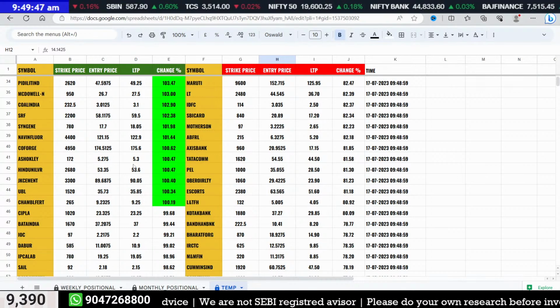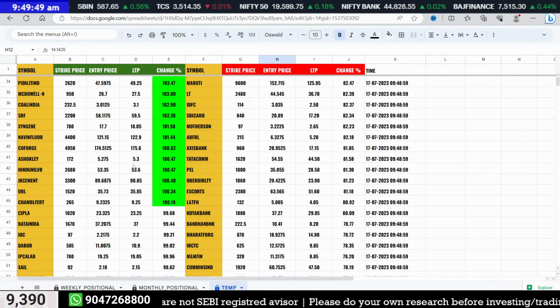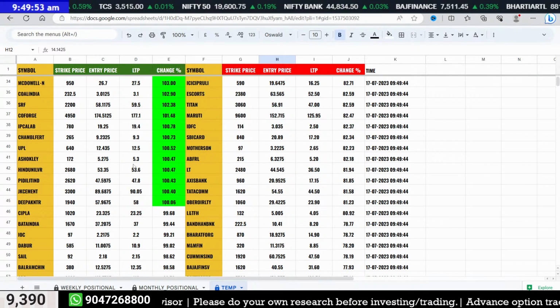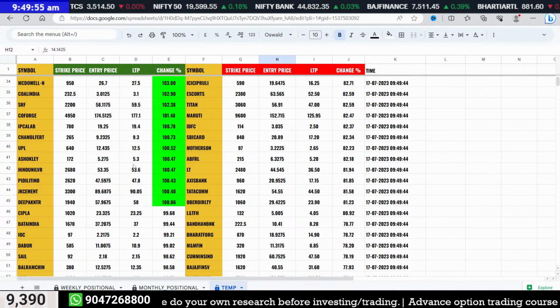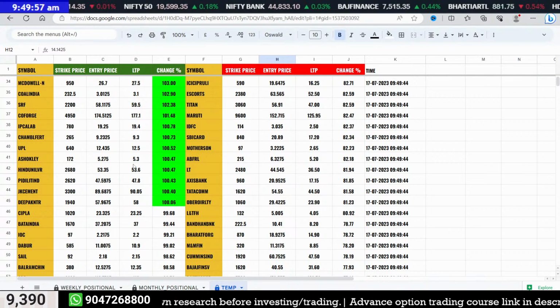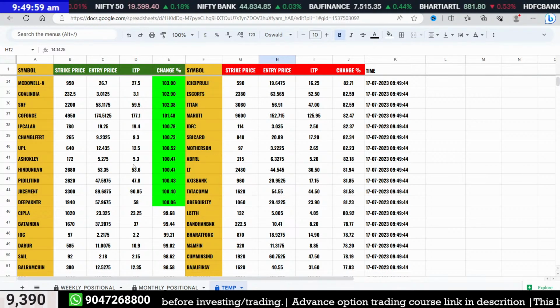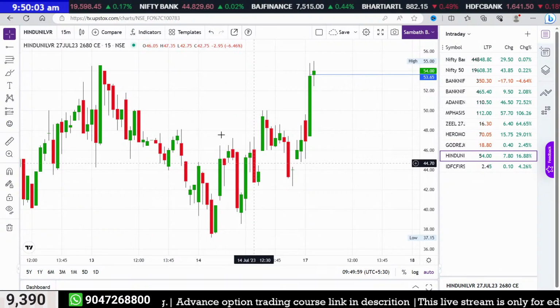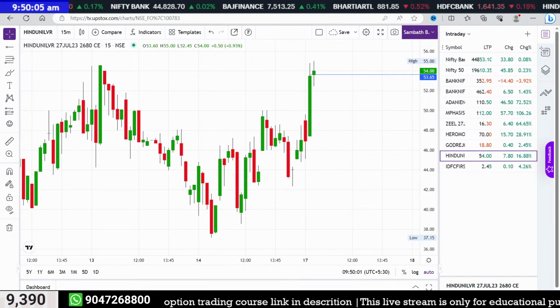Only quality and liquid stocks, you can just focus on those. Yeah, it's looking good, Hindustan Unilever. Let's check this. It's good only.